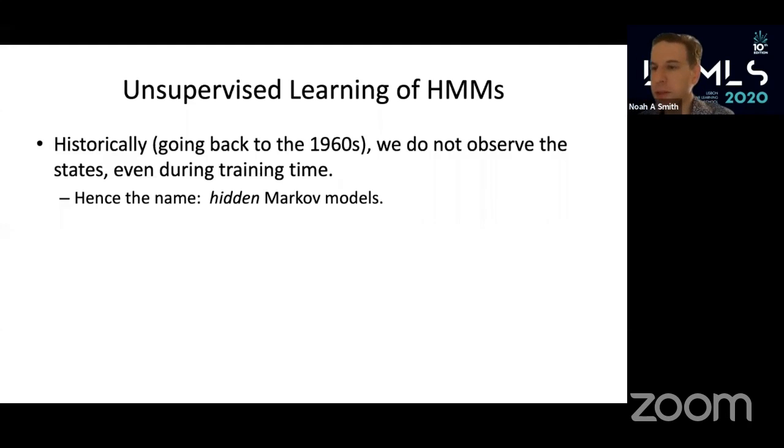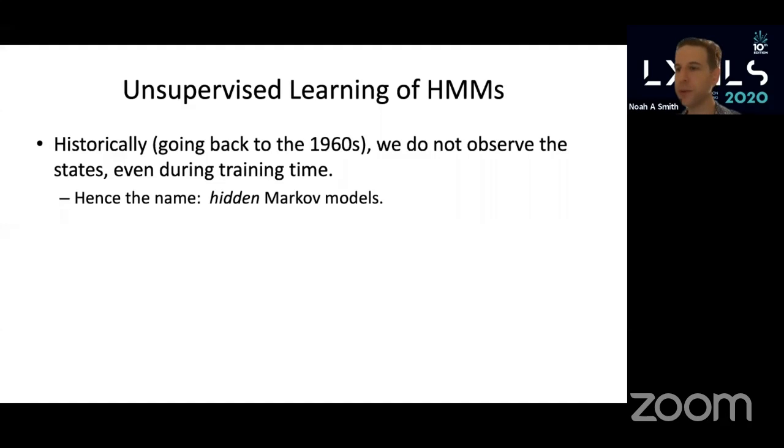The word hidden means we do not see the states that the tokens, the words, are generated from. So my discussion around supervised HMMs and their application in NLP with fully labeled data is a little bit bizarre relative to the original formulation. And that's why some additional clarification may be needed if you go talk to friends who don't know NLP, who are trained in engineering or in pure machine learning.